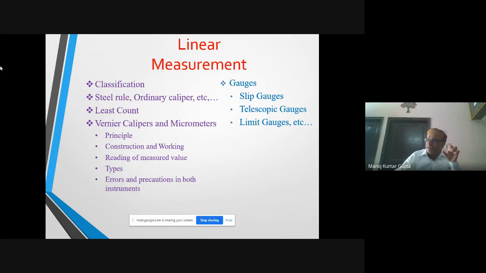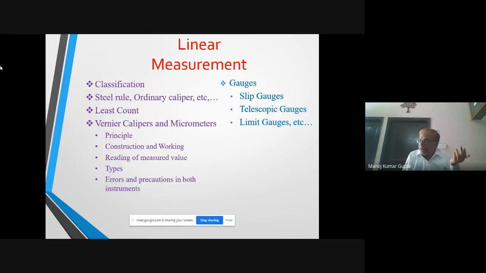So that standard is kept at Paris, and in India, there is the National Physical Laboratory of India, located at New Delhi. All the standards are kept there. There are primary standards, secondary standards, and working standards too.